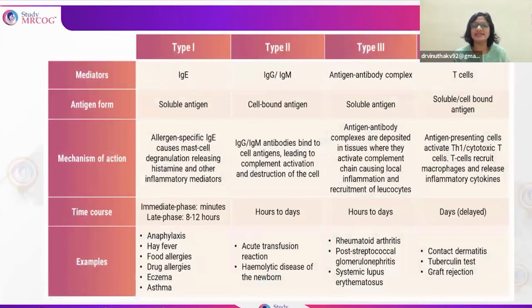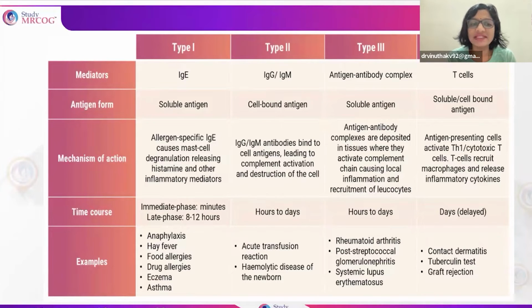So to summarize, we have type 1, type 2, type 3, and type 4 reactions, and we have this entire chart so that it is easy to remember and to compare. In type 1, the mediator is IgE, and the antigen is a soluble antigen.